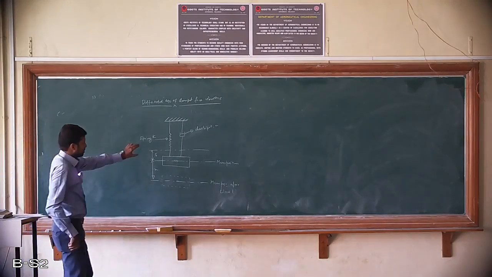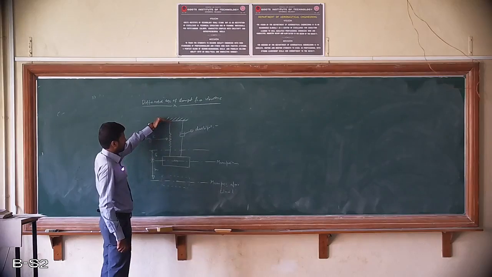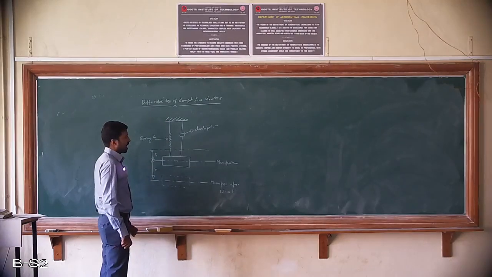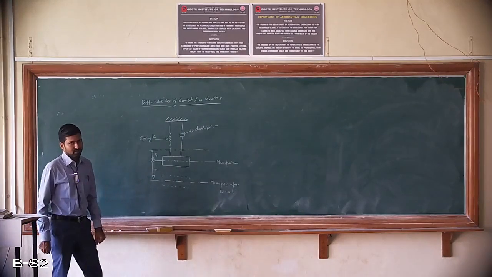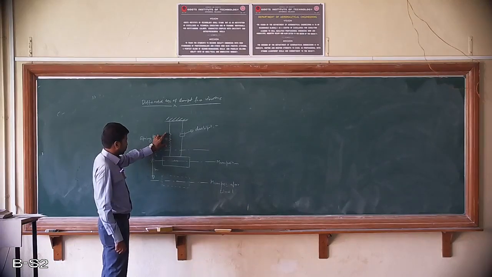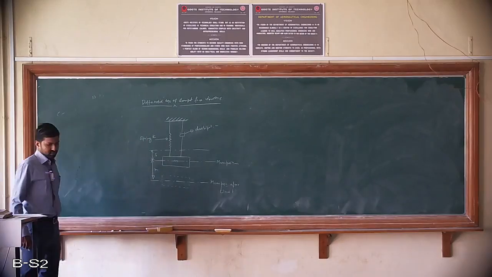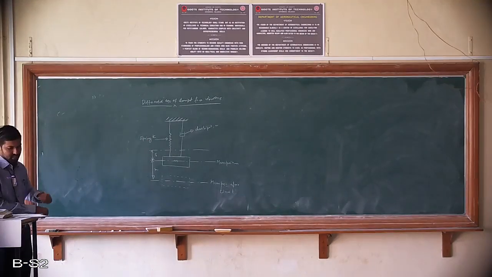Consider a spring which is carrying a mass at one end. At this end it is carrying a mass and other end is fixed. Consider a spring having a stiffness K to which to the one end of the spring we have attached a mass and the other end of the spring is fixed.